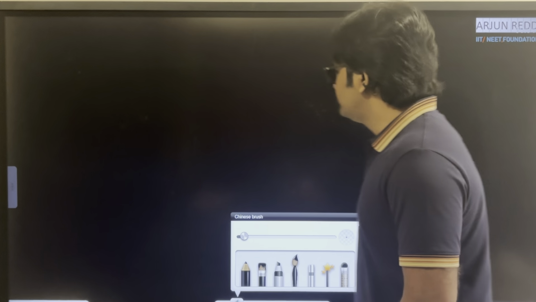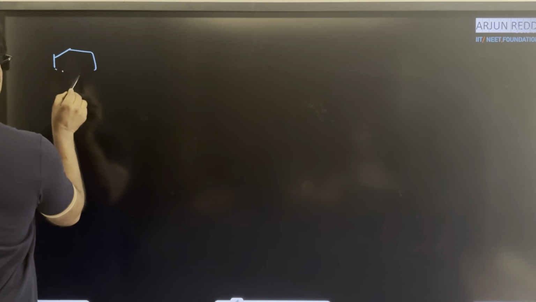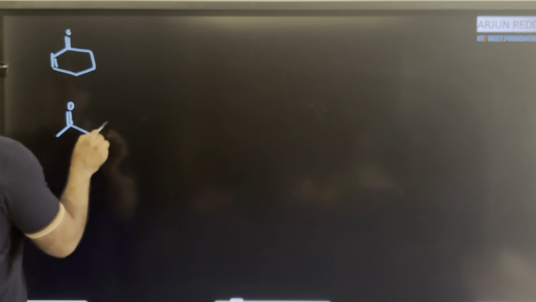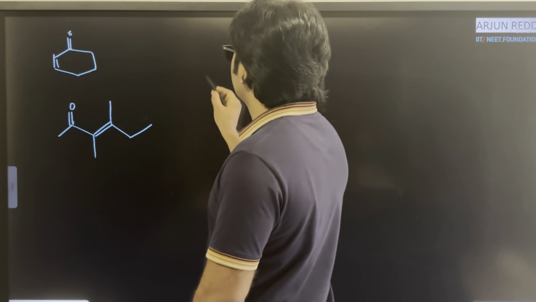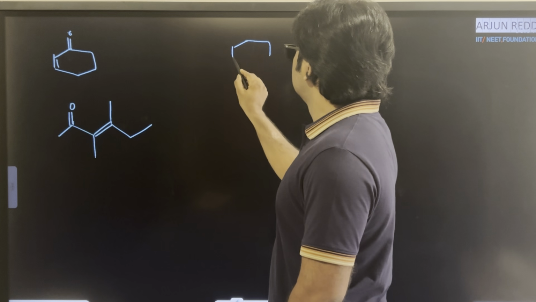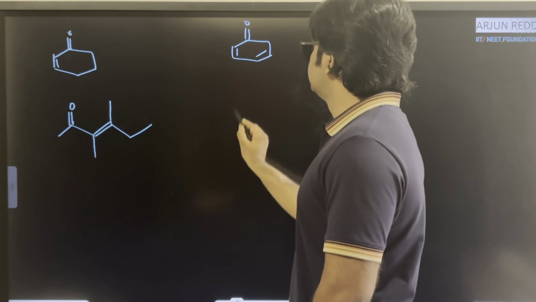I'm going to give some more examples on deuterium exchange. Yes, this is the given 6-member ring system. Yes, double bond O, right? And here C double bond O CH3, like this. Yeah, next example. This one.